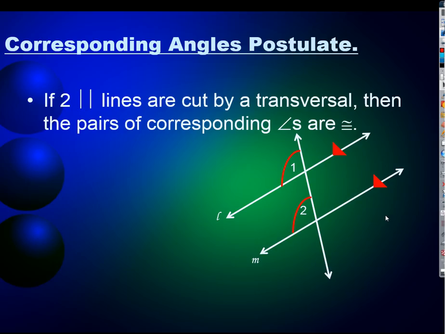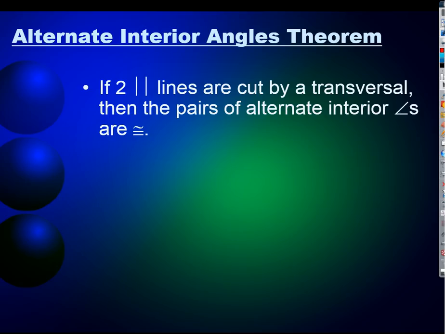Now, from this, we can get a bunch of other stuff. If we start with this corresponding angles postulate, we can get a bunch of other things. For example, we can get the alternate interior angles theorem. Okay, we now know that if two parallel lines are cut by a transversal, same hypothesis as before, right? All of these new theorems that we're about to learn start the same way.